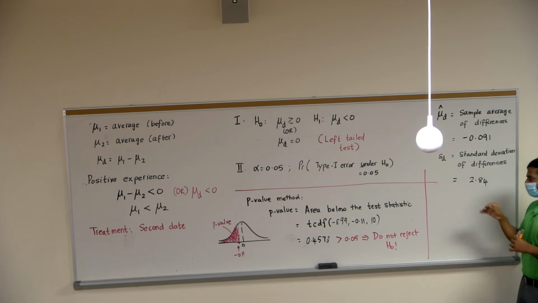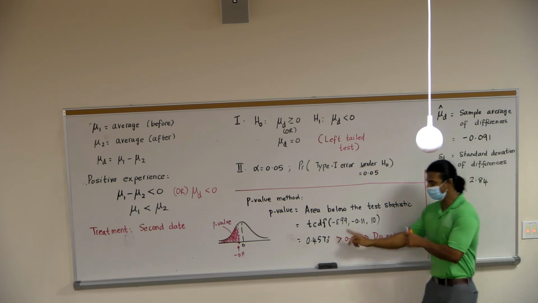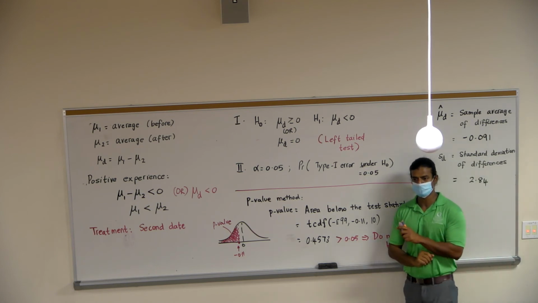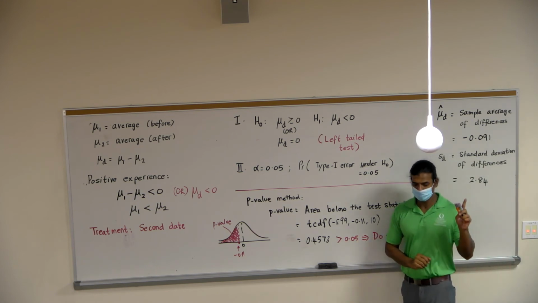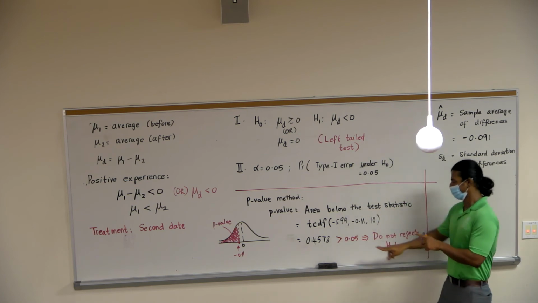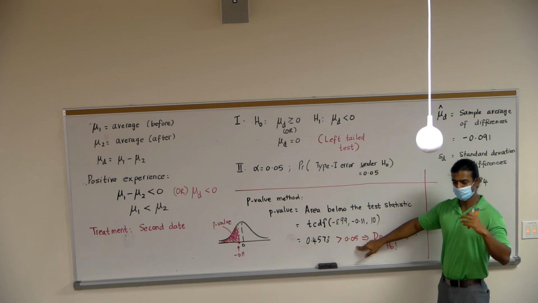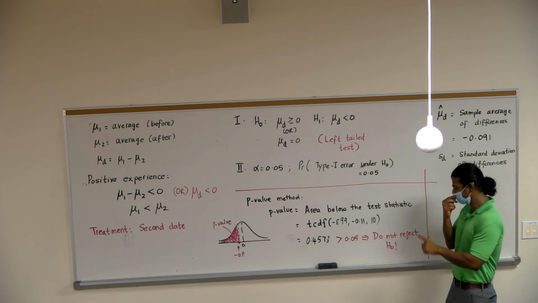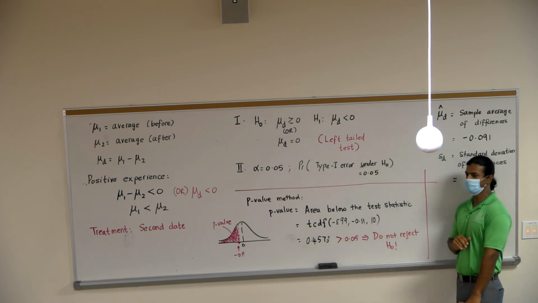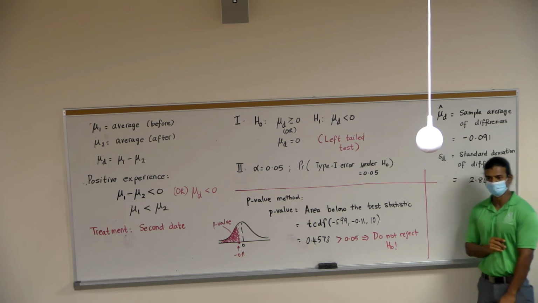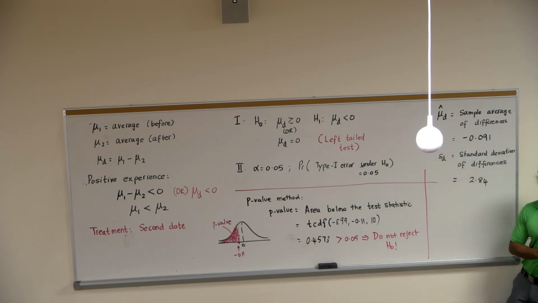Would you make a conclusion knowing the fact that the probability that you could be wrong is 45.73%? Absolutely not. Not only that, I permitted only 5% or less error. So 45% is just too much. So logically speaking, you should not reject the null. Does that make sense? Okay.